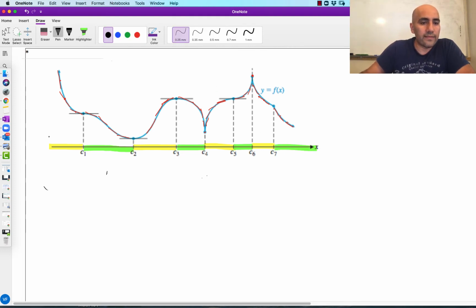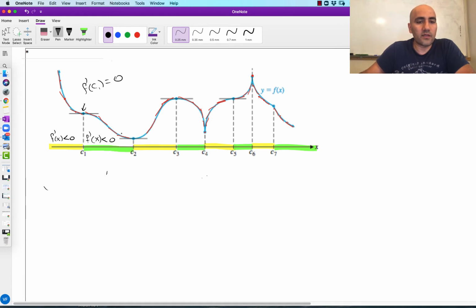Okay, so in this interval, the derivative f prime of x is going to be negative. Here, at this point, f prime of c sub 1 is clearly 0. It's a horizontal line. On this interval, f prime of x is still negative.